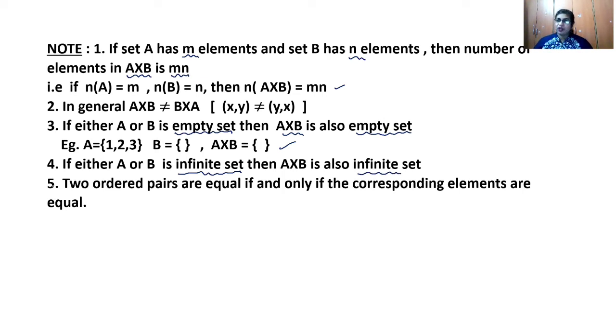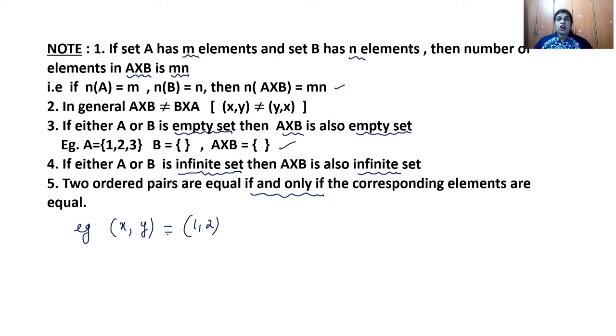And the last point, 2 ordered pairs. Suppose I have 2 ordered pairs, they are equal if and only if their corresponding elements are equal. For example, here I have one ordered pair, let me take X, Y. And another ordered pair, let me take 1 and 2. If I write this equal sign, that means the 2 ordered pairs are equal.